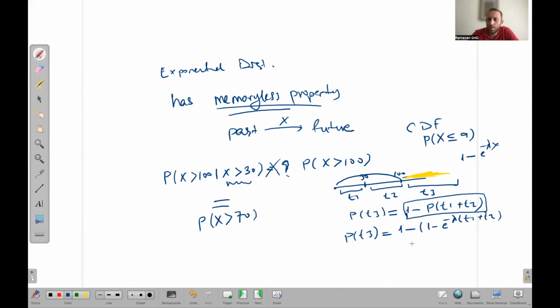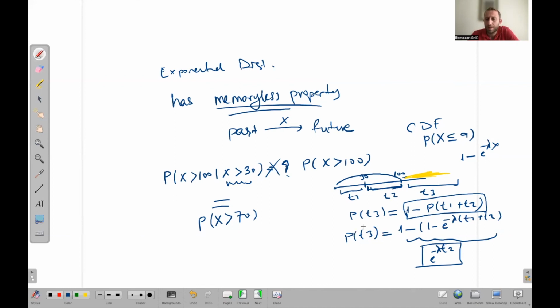We solved this one in the previous examples. The result is e to the minus lambda T2, right? What is this one? Actually, this is the probability of this region, T2, right?